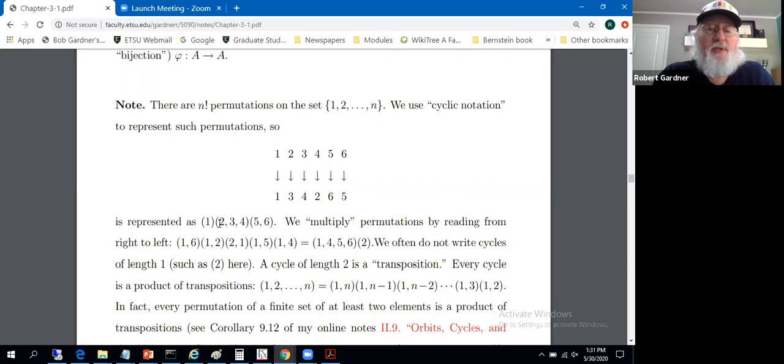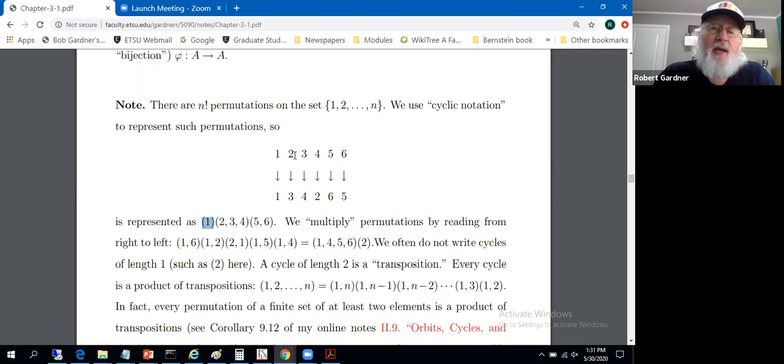Now we're going to represent this with the so-called cyclic notation. Element 1 is mapped to element 1. We'll represent that by parentheses with just the 1. It's a cycle of length 1. It simply means that point 1 is fixed by that permutation. More interestingly, 2 is mapped to 3, 3 is mapped to 4, and 4 is mapped back to 2.